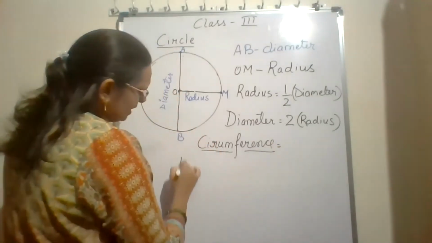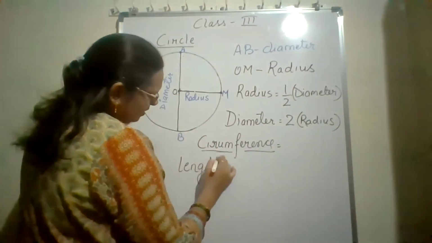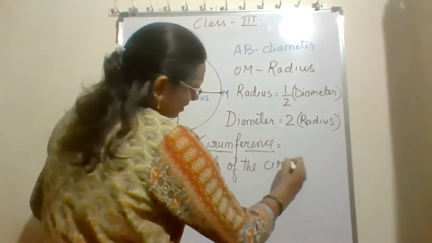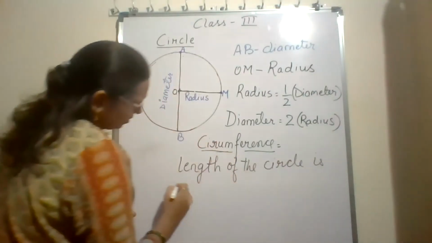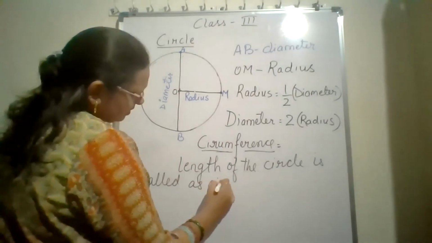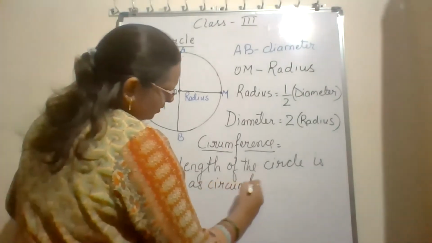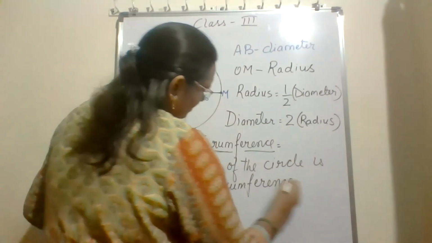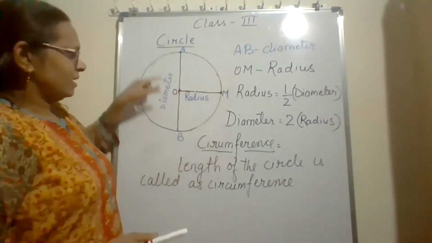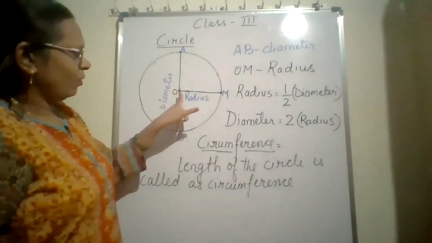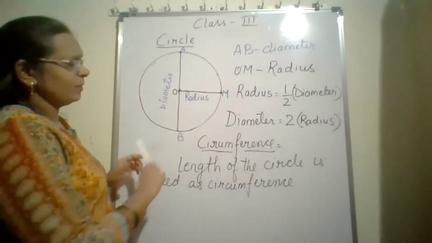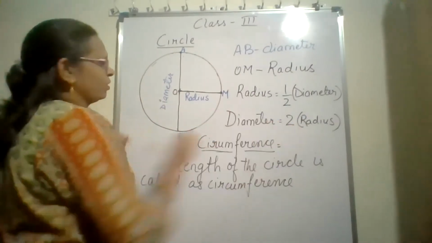So basically, the length of the circle is called the circumference, right? I hope it is clear: what is diameter, what is radius, and what is circumference? And see, your diameter is 2 times the radius.